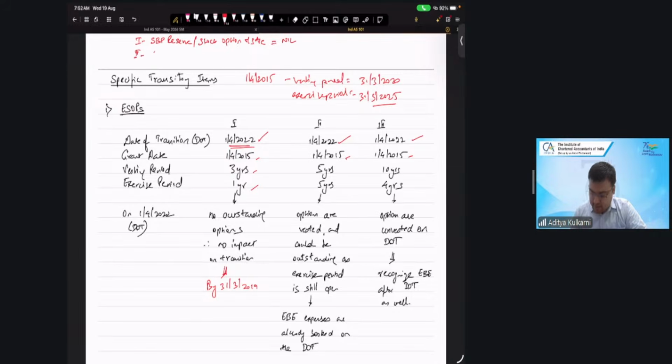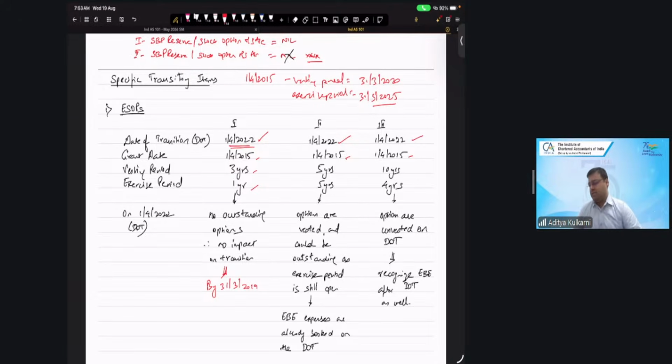Second case, can I say that SBP reserve or stock option outstanding is nil, or will there be some balance? Exercise period is still left. Okay, so balance will be there. So this cannot be nil. There will be some balance, whatever it is.